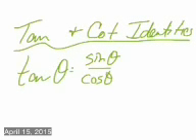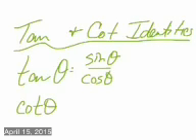Which you guys knew that already. We had it last chapter. But then the cotangent, remember how we said that the cotangent was the reciprocal of the tangent? So what's the reciprocal of sine over cosine? Cosine over sine. Right.